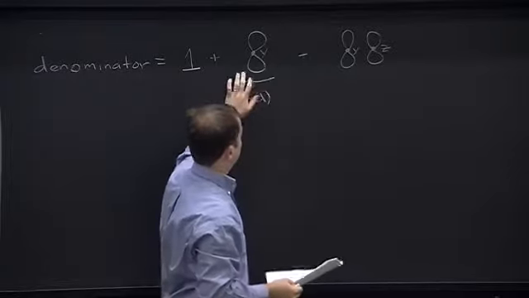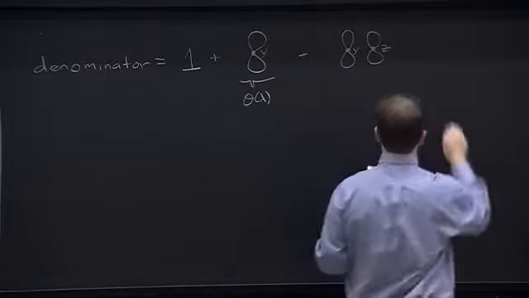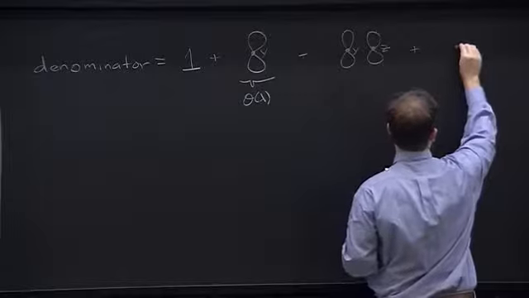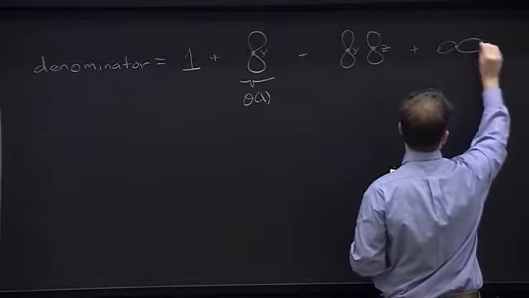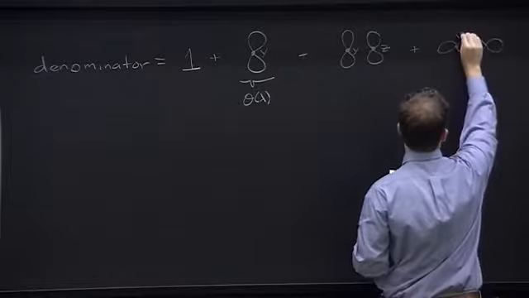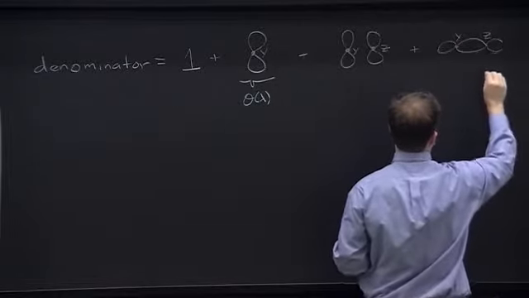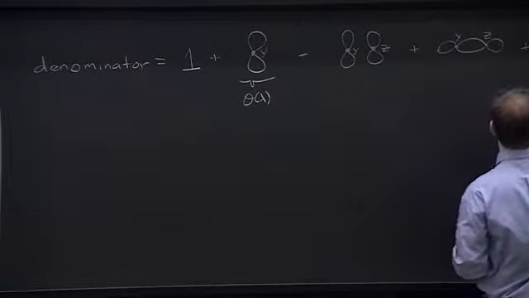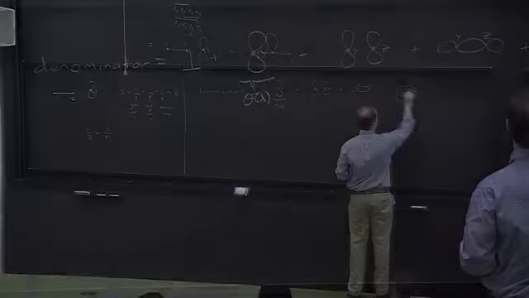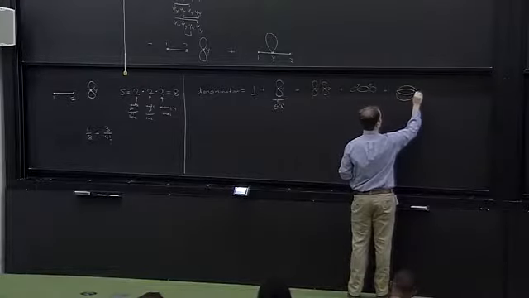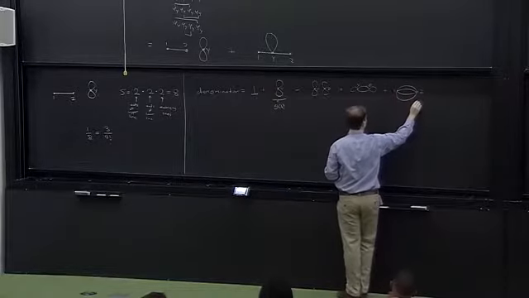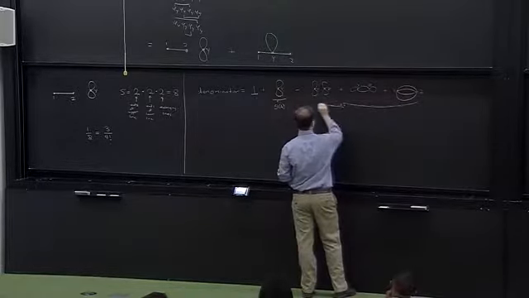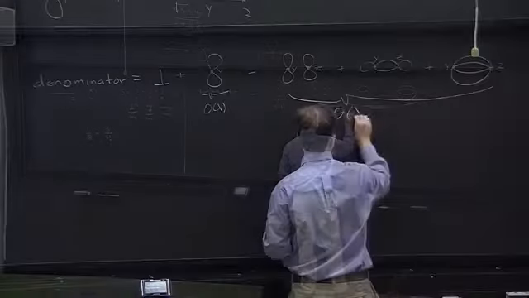Just have 2 copies of this diagram. Alternatively, we could connect the 2 points y and z once, or we could connect them 4 times. And so all of these terms are order lambda squared.